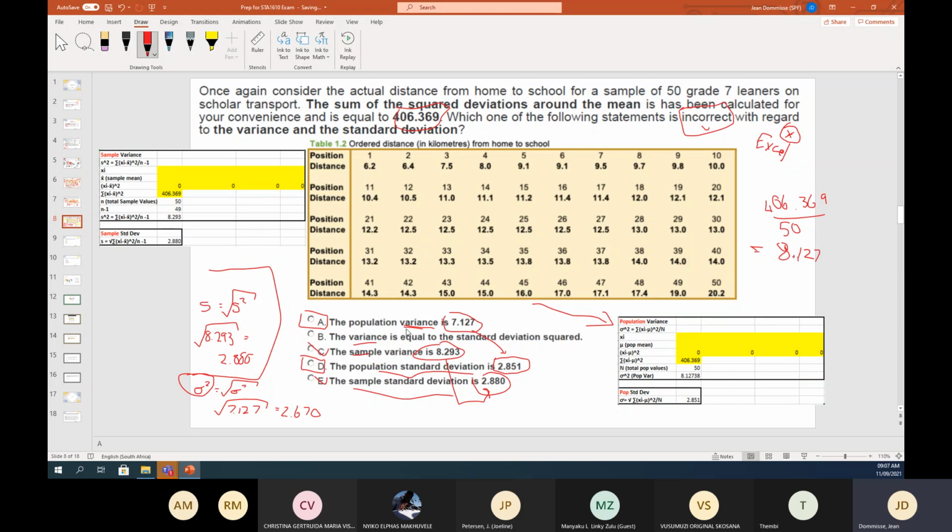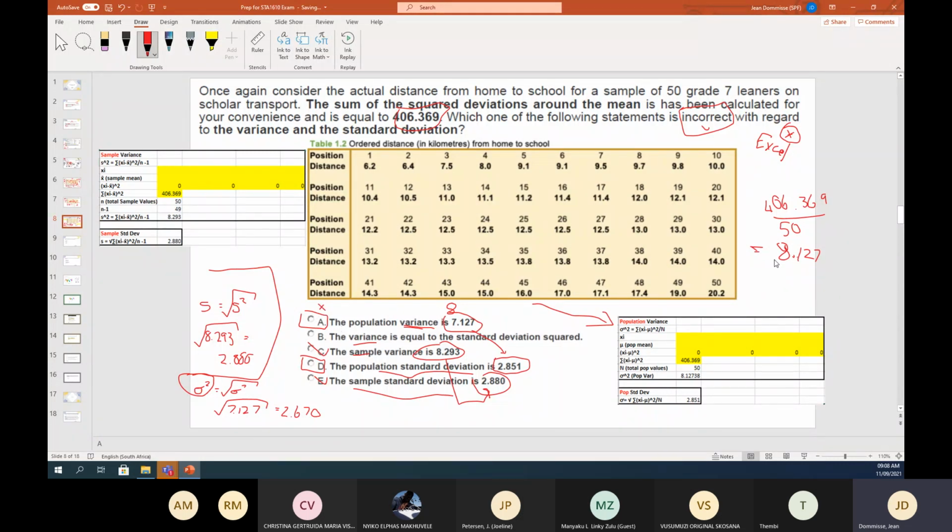So we see that it is not 7.127 but 8.127. So we see that it is option A that is wrong.